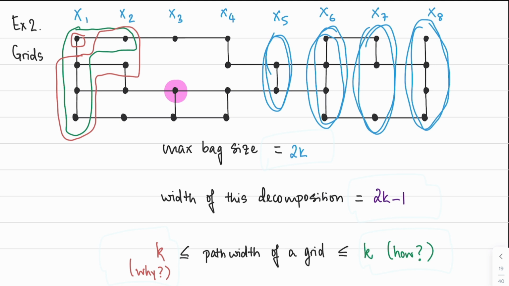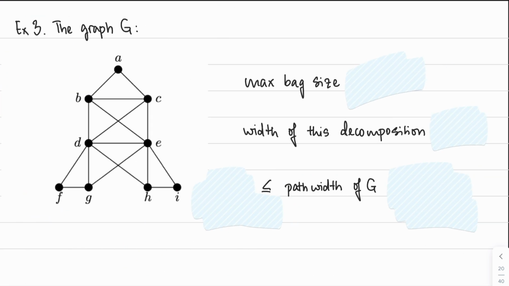Okay, so that's the grid and subgraphs of the grid. Now let's move on to an arbitrary looking graph here. Now notice that this is a graph that also seems to have a natural layered structure.